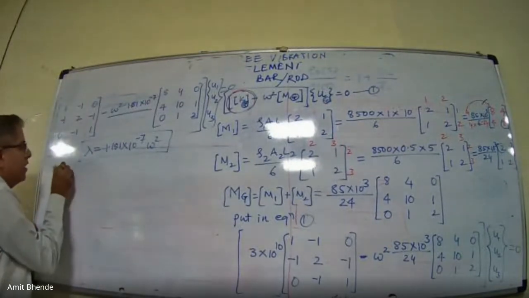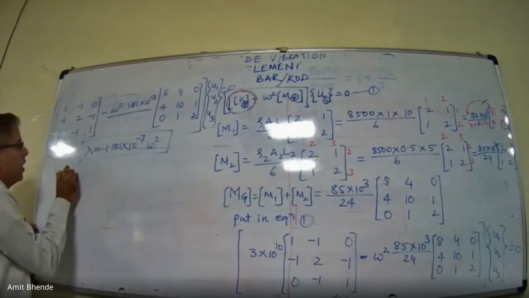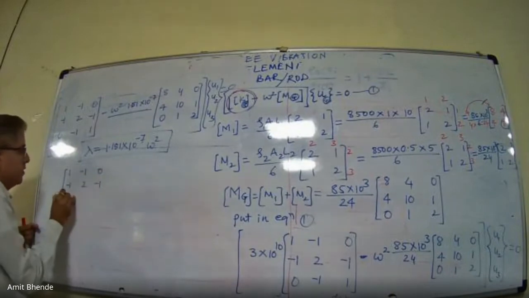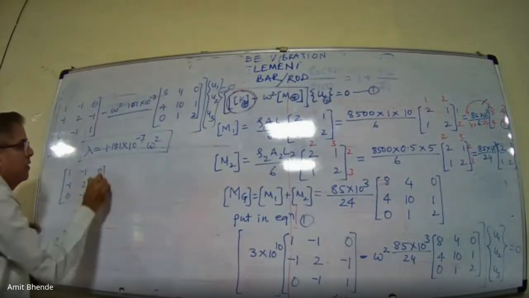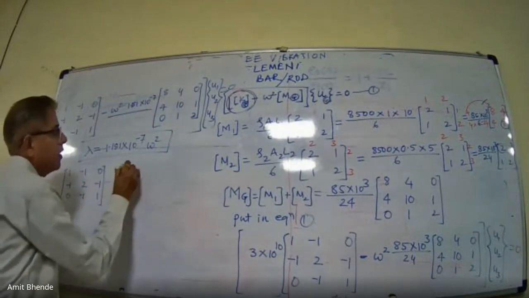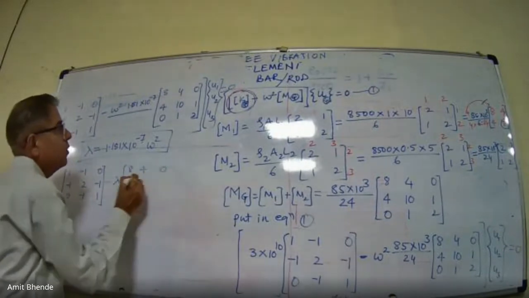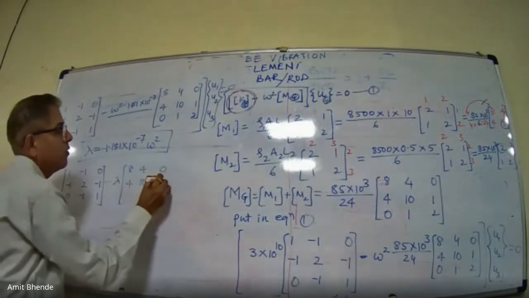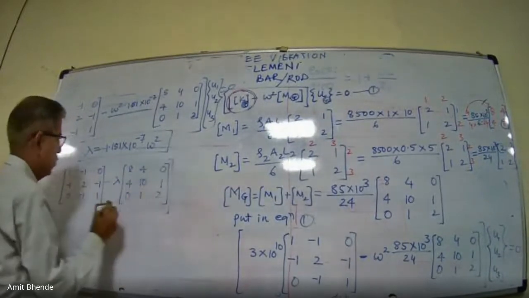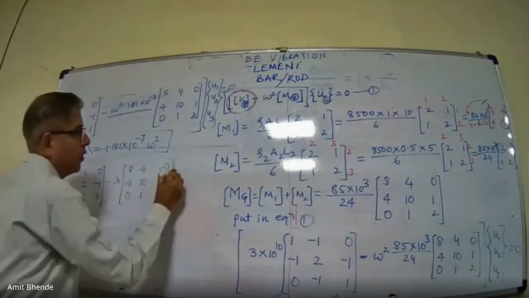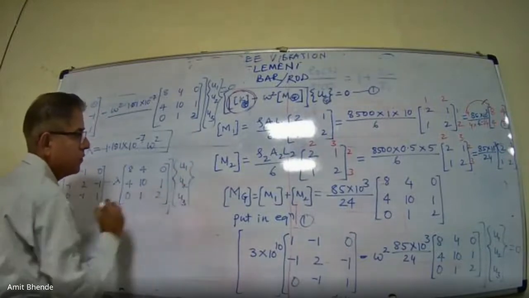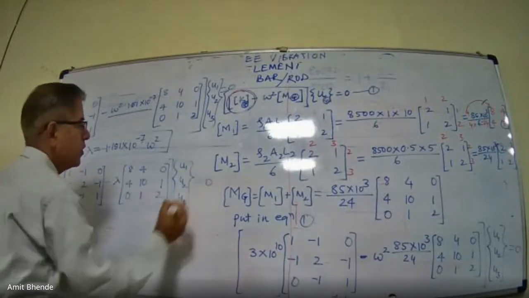So this equation becomes 1 minus 1 0, minus 1 2 minus 1, 0 minus 1 1, minus lambda times 8 4 0, 4 10 1, 0 1 2, into u1 u2 u3 is equal to 0.